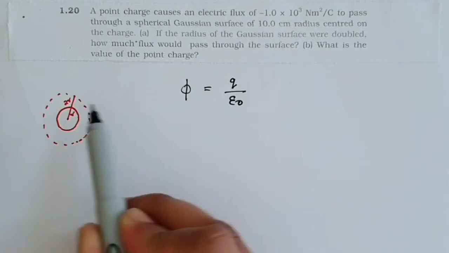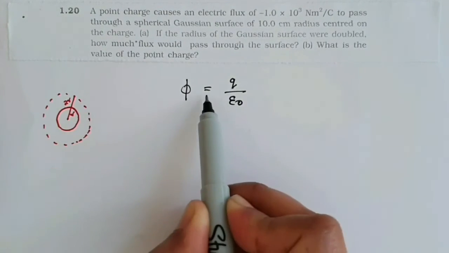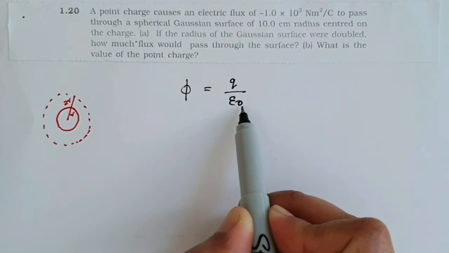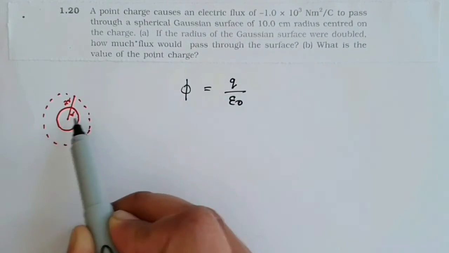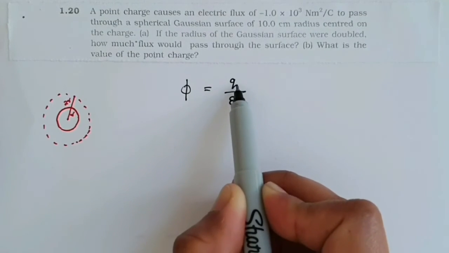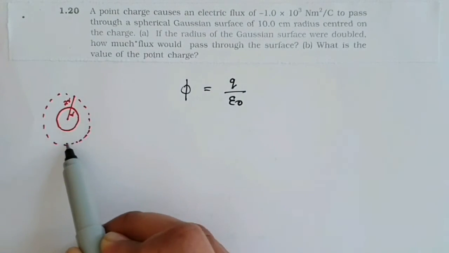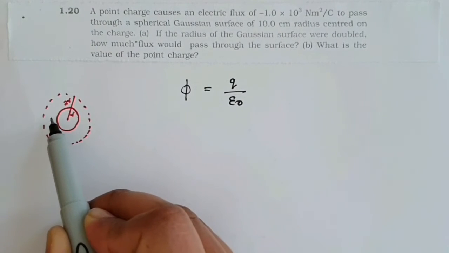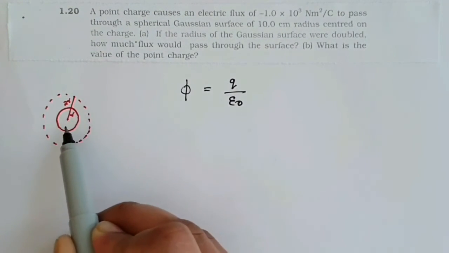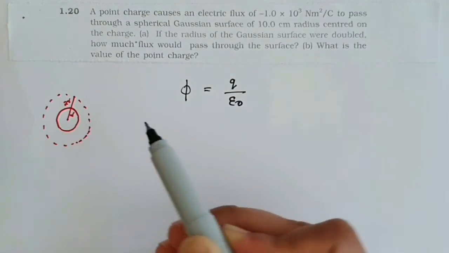We know that electric flux passing through a surface is equal to Q by epsilon 0, where epsilon 0 is a constant. So, flux passing through a surface only depends upon the net charge enclosed by the surface, and it does not depend upon the size of the body. So, if the Gaussian surface is doubled, then the flux passing through the surface remains the same.